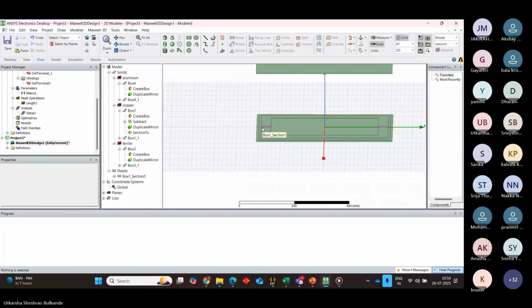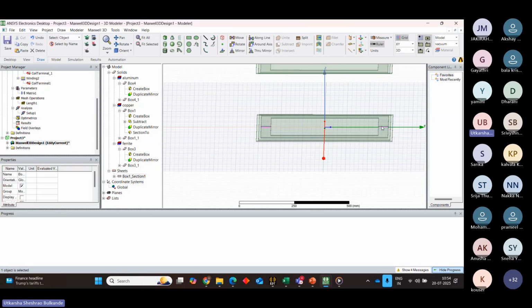But these are one body. You just want one section in your coil for excitation. For assigning the excitation, you just want one section of your coil. So the other section you can just delete.